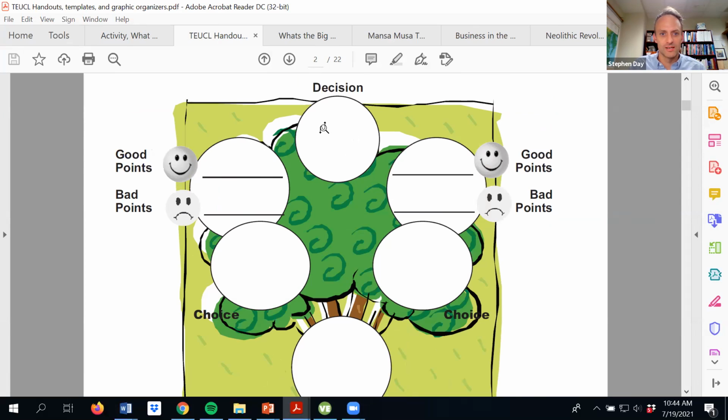Let's say that my choice is go to the institute or do chores at home. You could say go to the institute, get recertification points, get curriculum, get new ideas, connect with other teachers. Bad points are, I've been on Zoom so much already.